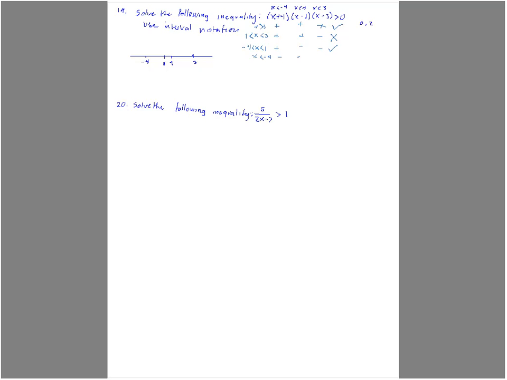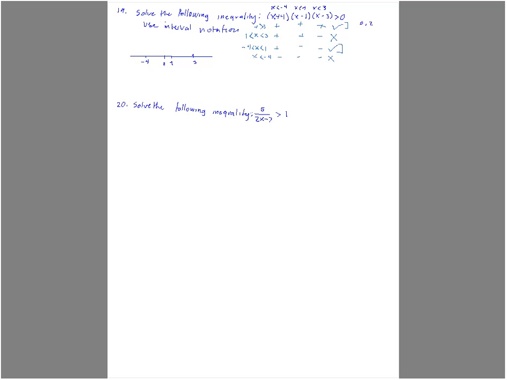And -5 minus 3 is -8, it's also negative. So 2 negatives cancel, gives you a positive. We have 1 more negative here, which makes it all negative, which means that will not fly. So the only intervals that work for this inequality are when x is greater than -4 and less than 1, and when x is greater than 3.